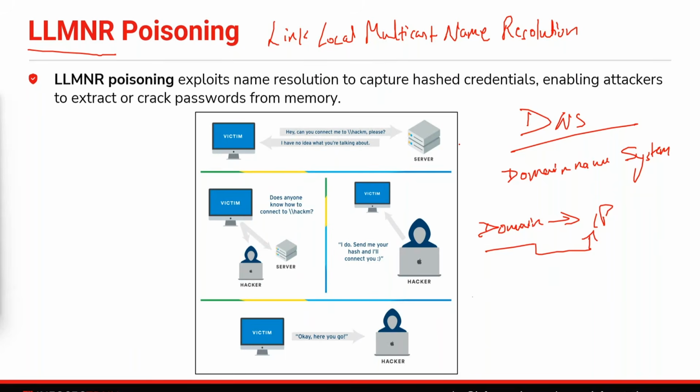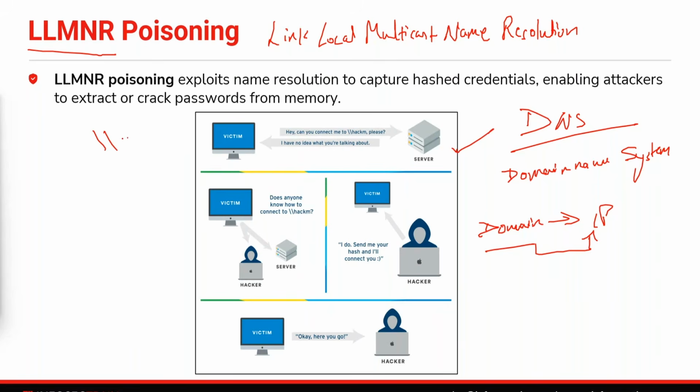Now, DNS is also used in Active Directory environments. Let's say there is a person in the Active Directory who is sending a request to look for a shared file or shared folder.